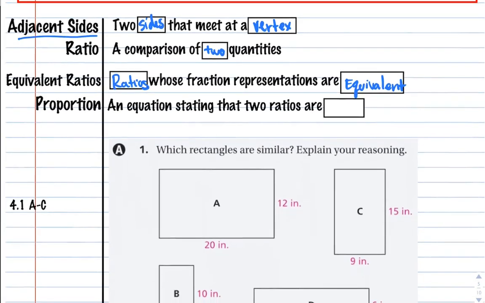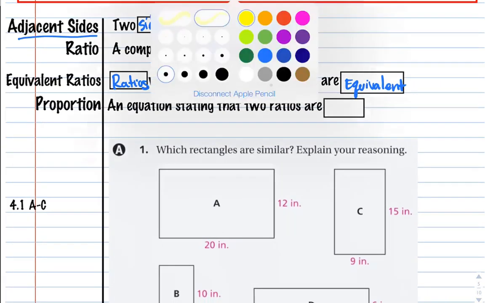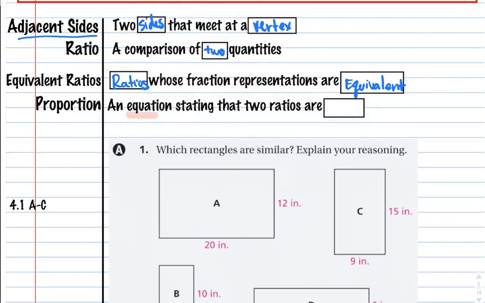All right, proportion. Proportion is an equation. This is very important. Here, they're talking about the word equation. Now, this is an equation that states that two ratios are equal. What do we know about two ratios? Two ratios are going to be considered equivalent ratios if they're equal.